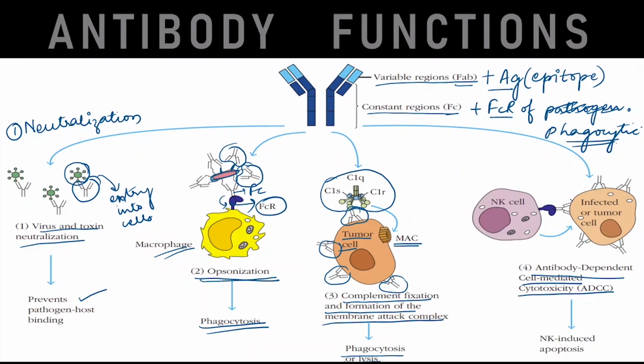Here again these antibodies recognize infected or tumor cells, bind, and recruit cytotoxic cells like NK cells, and then these NK cells release mediators like granzymes and perforins to kill these infected or tumor cells.